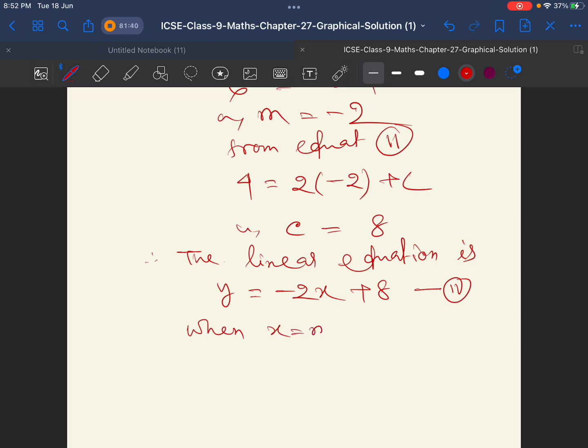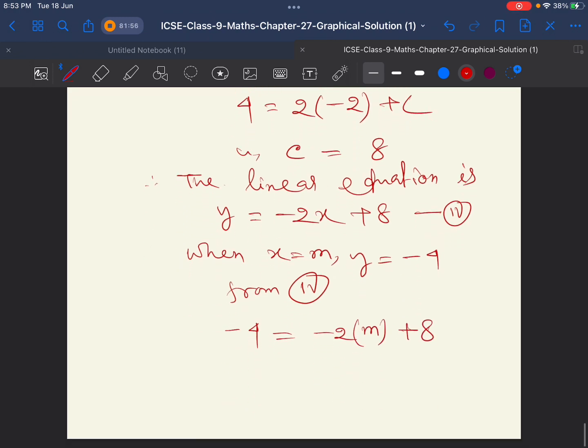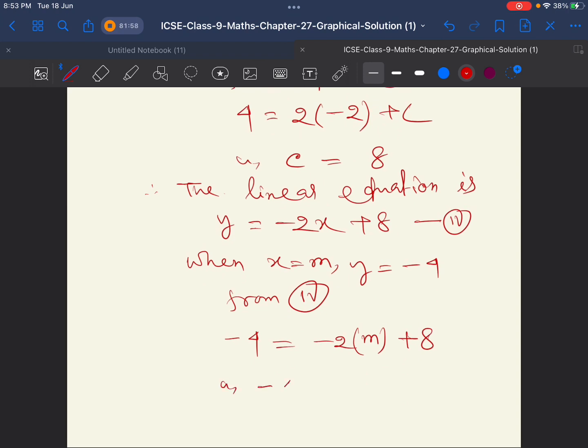So now we put m, minus 4 in equation 4. When x equals m, y equals minus 4, then from equation 4 we get minus 4 equals (m minus 2)m plus 8.